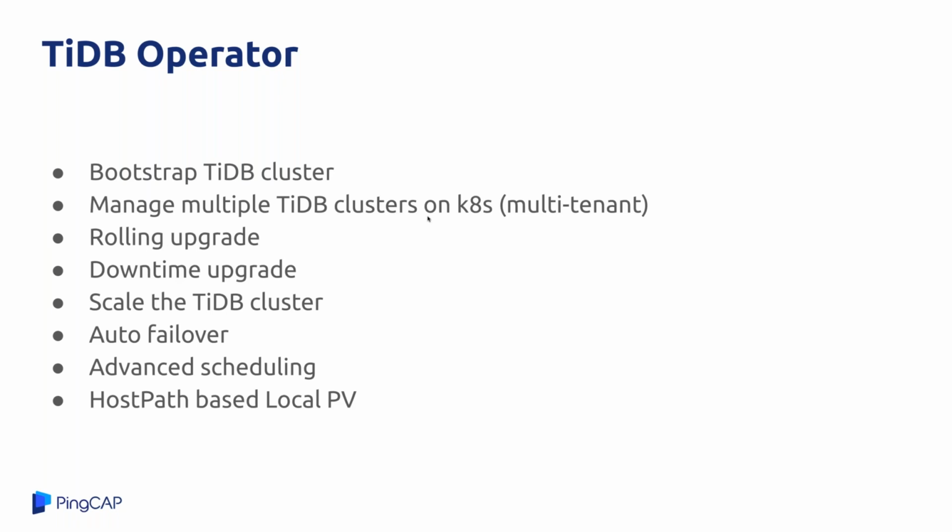It is a built-in feature of TiDB operator. And of course, the scale-out and failover. And because in TiDB we have to use the local disk, the TiDB operator will also maintain the local disk resource for Kubernetes and for TiDB.